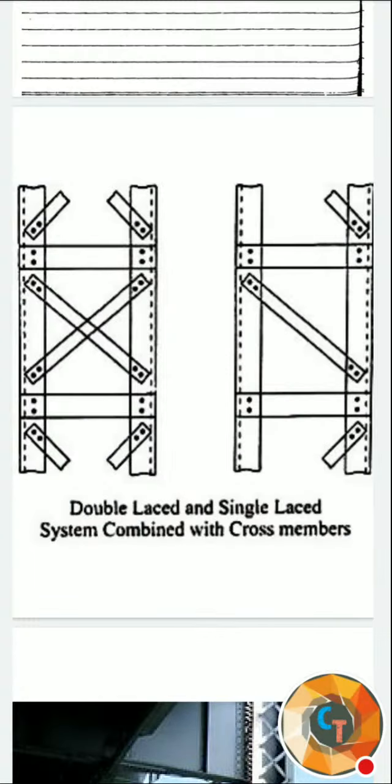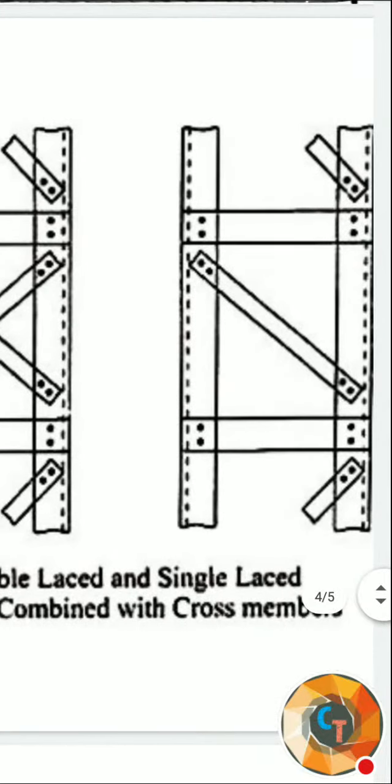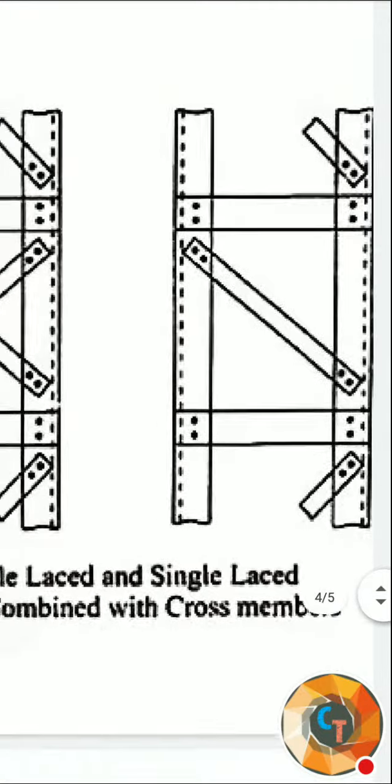The horizontal members are battens, made of the same material, MS plates, and the diagonal members are lacing members. So you can provide the diagonal members along with the horizontal members.